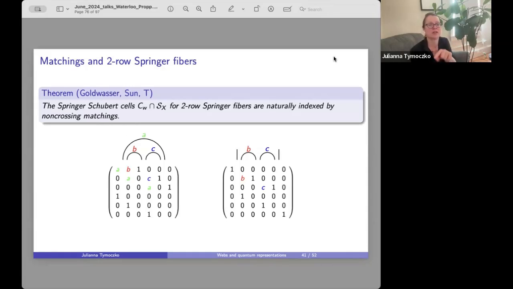So the entries in the matrix are these variables, and you see them first, second, third, depending on where the arcs are related.